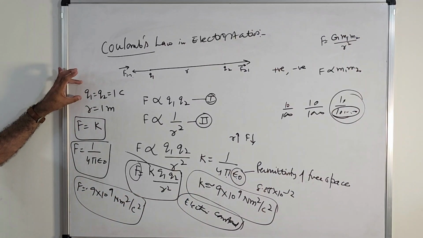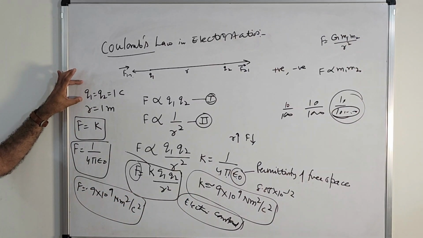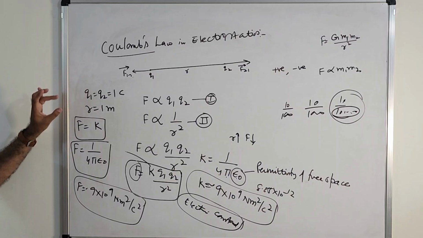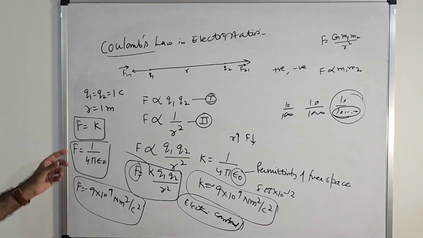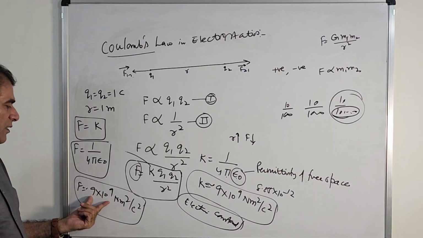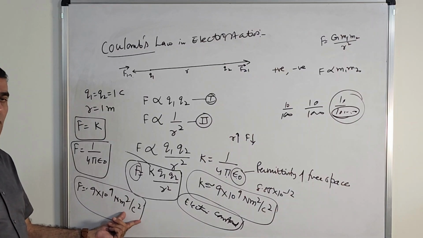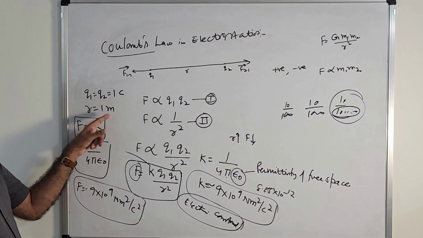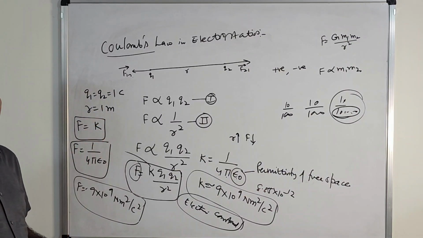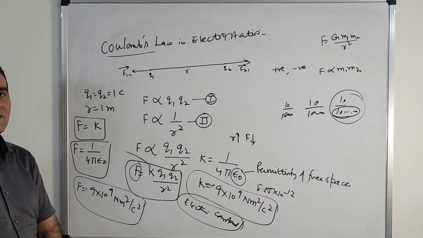So we will define that charges are said to be 1 coulomb if the electrostatic force of attraction or repulsion between them is equal to 9 into 10 to the power 9 Newton meter square per coulomb square, provided the distance between them is 1 meter and they are kept in vacuum. Very simple definition.